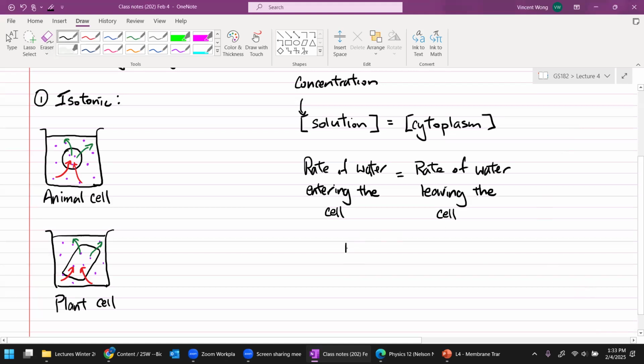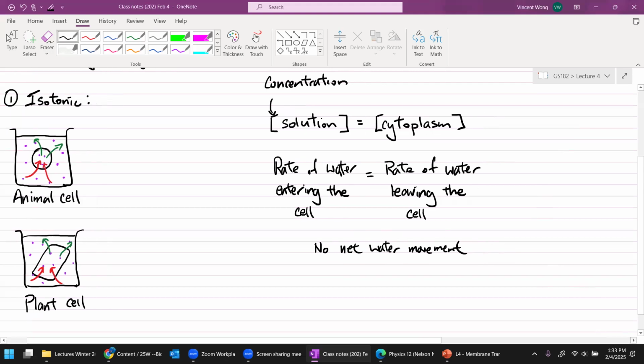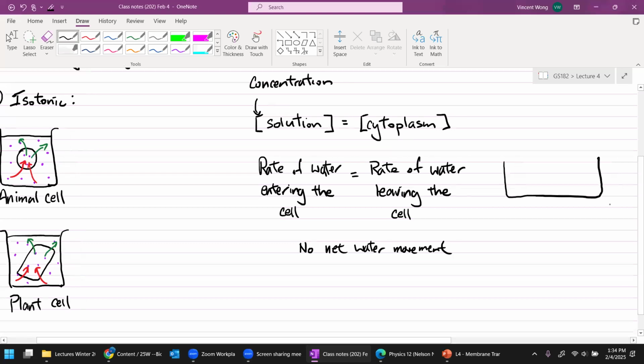So what happens? Overall, there is no net water movement. Now, if you're having trouble visualizing this, I'll give you an analogy here, and you can choose to draw it or not. It's up to you.